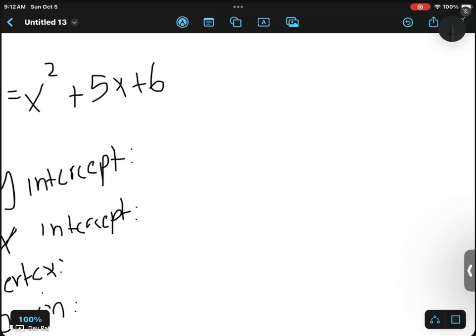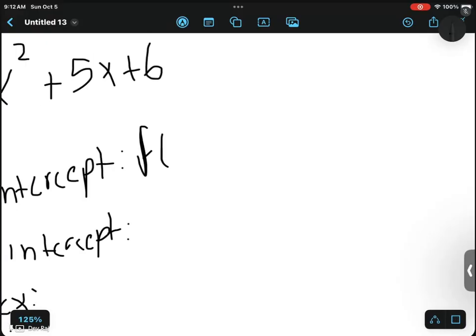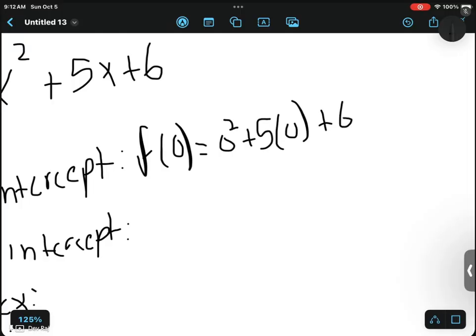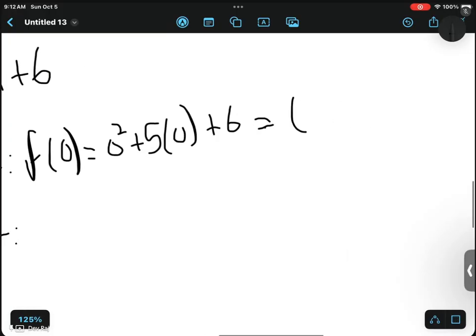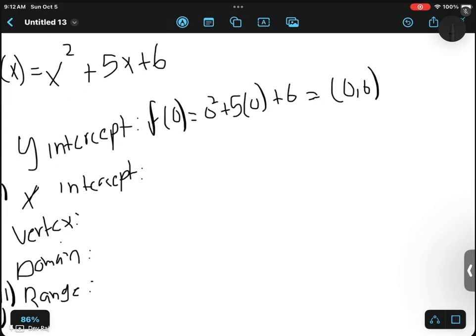Let's start off with the y-intercept, which is just f of 0 equals. Okay, we're all good with this, right? We're all good with the y-intercept.